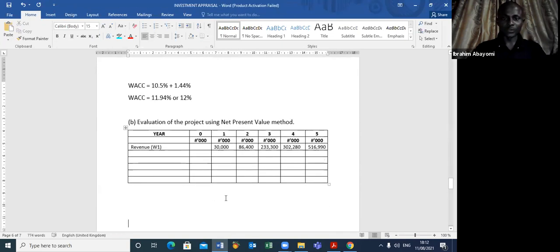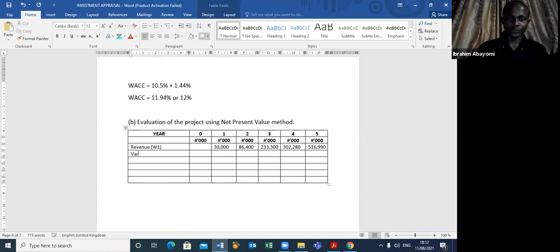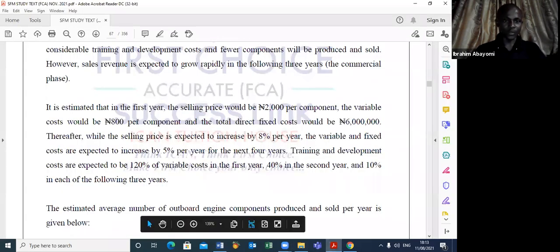The next one is what? Variable cost. Let's pick our variable cost. That will be worknote 2. Worknote 2 is our variable cost. So let's go and pick the information on variable cost.